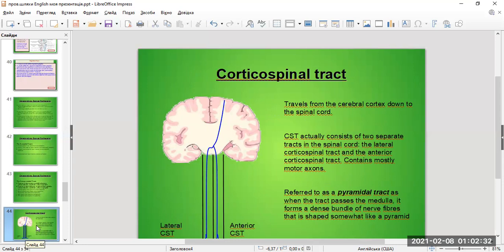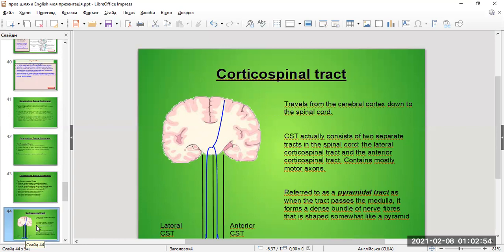Corticospinal tract travels from the cerebral cortex down to the spinal cord. Corticospinal tract actually consists of two separate tracts in the spinal cord, the lateral corticospinal tract and the anterior corticospinal tract.